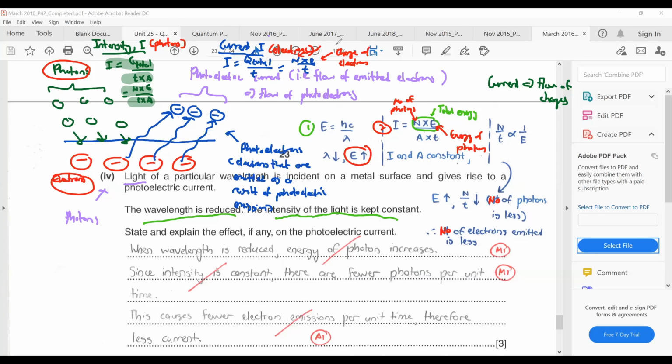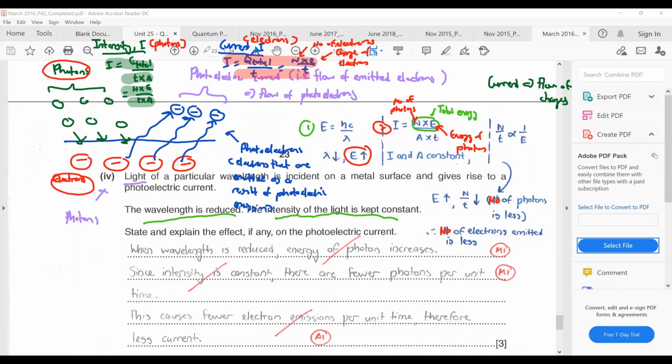This N is the number of electrons. Okay, this one talks about the number of electrons. So this current I is for electrons. Be very careful about what you use.